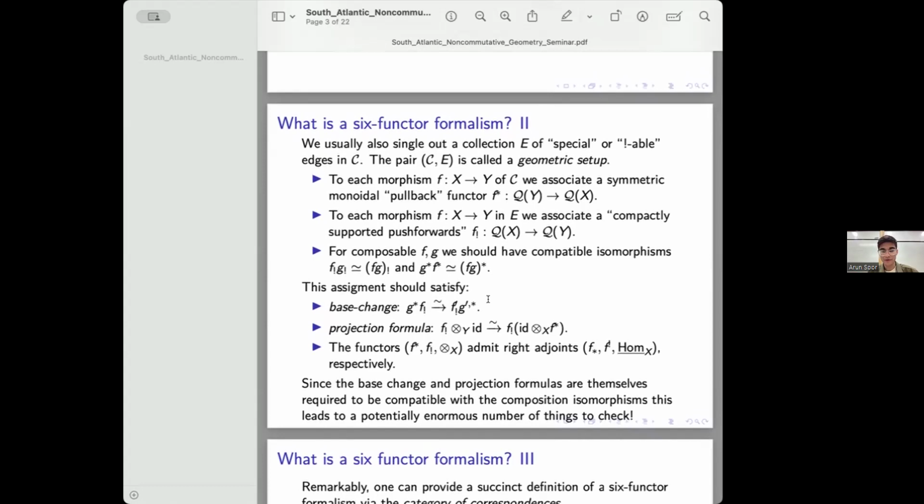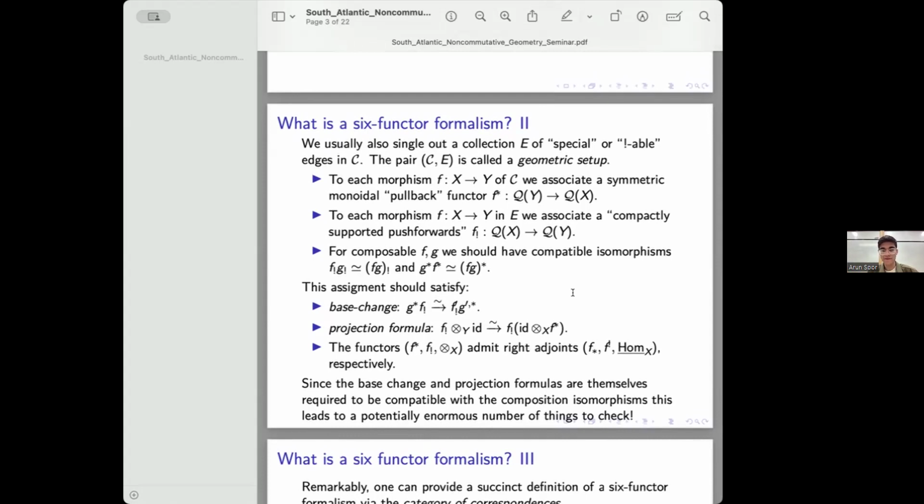The second important property is the projection formula. So f lower shriek may not be compatible with tensor products, but is required to satisfy this projection formula, which loosely says that f lower shriek behaves well with respect to tensor products.